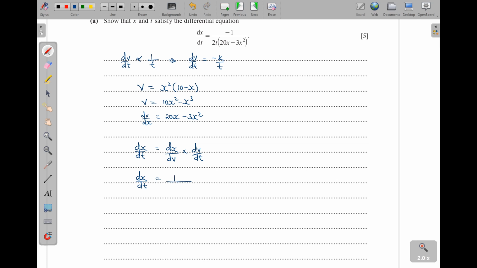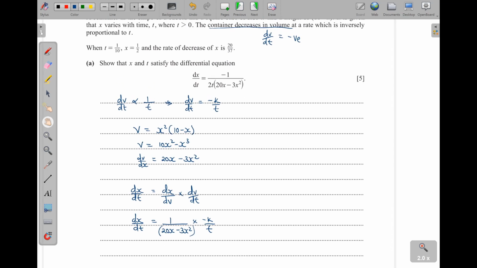So it will be 1 over 20x minus 3x squared. You see that? Then times, what will be our dV/dt? dV/dt is here. So it is times negative k over t. You see that? Then after that, we need to use the initial conditions which were given here.